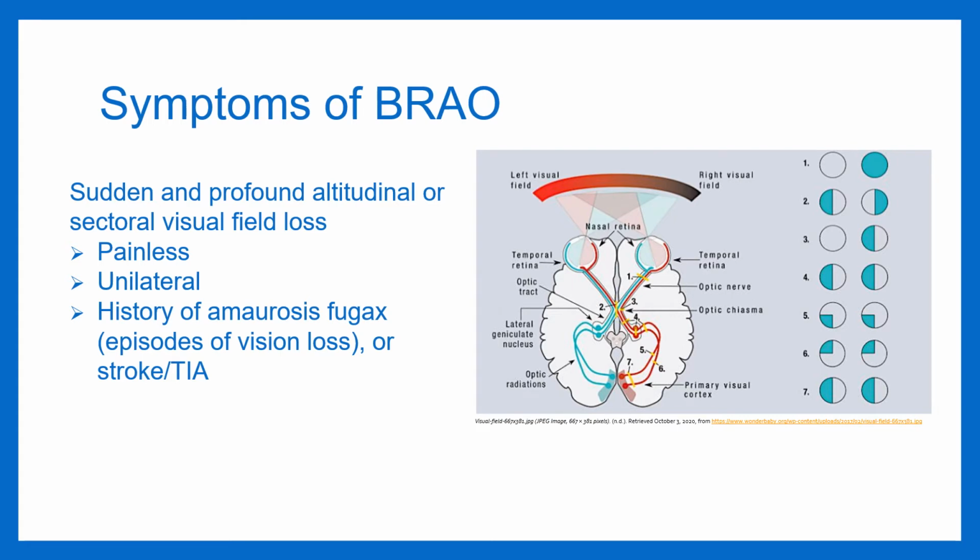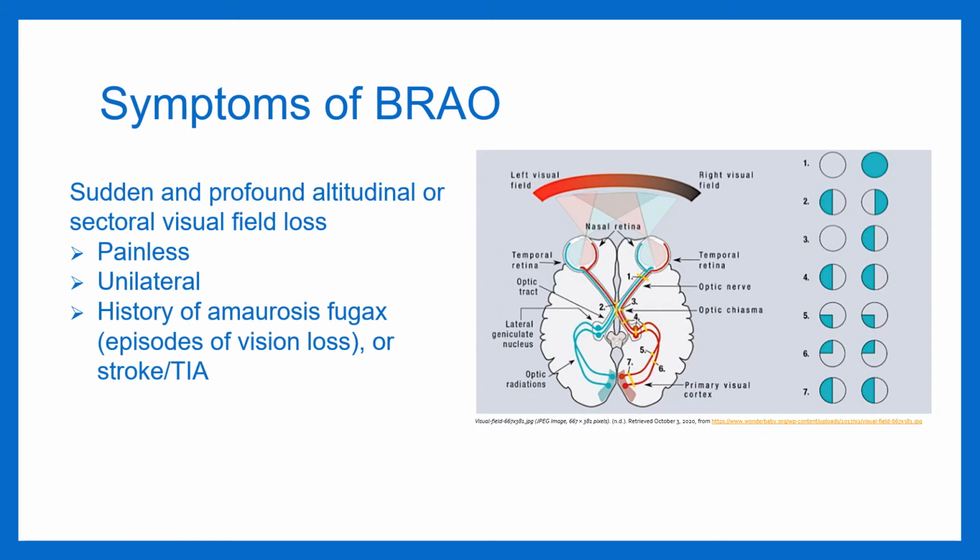When the patient comes in with these symptoms, we should be suspicious of BRAO, and these are sudden and profound altitudinal or sectoral visual field loss, and some of that's demonstrated in the picture here. The characteristic is that it is painless. It doesn't hurt.